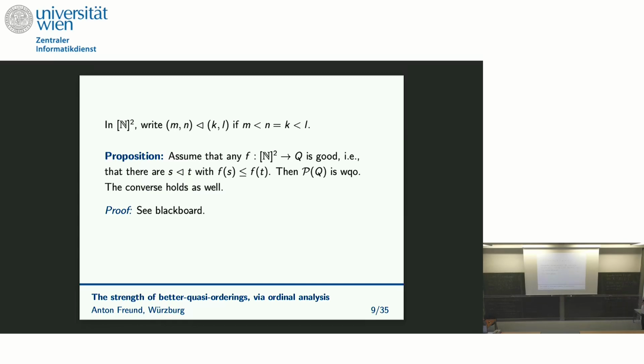Yeah? But y is in xj, so by definition, all the things in xj are values of f on a pair with first component j.